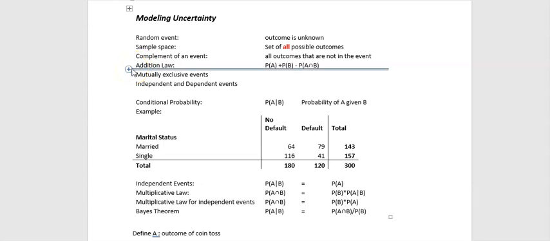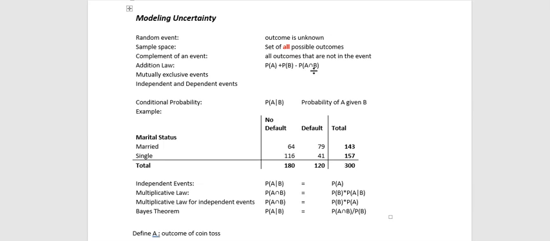addition law. Now the addition law is defined as the union of two or more events. And the way it's mathematically denoted is that if we want to find out the union of A and B, two random events, we have to sum up their probabilities and subtract the probability of their intersection.